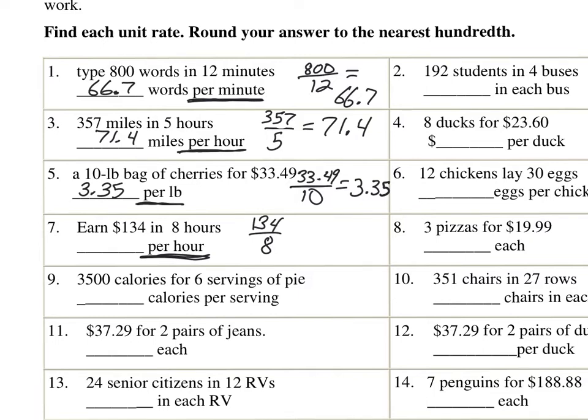And we divide. 134 divided by 8 is 16.75, or $16.75. In these ones, I should have put my dollar sign there. So if you didn't put that on your answers, go ahead and do that now. Again, pause, do number 8 on your own.